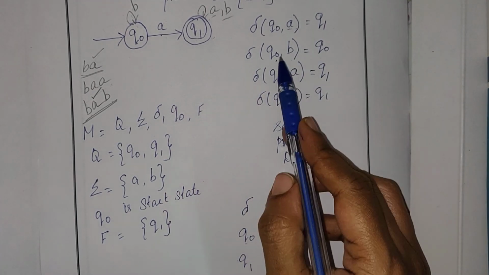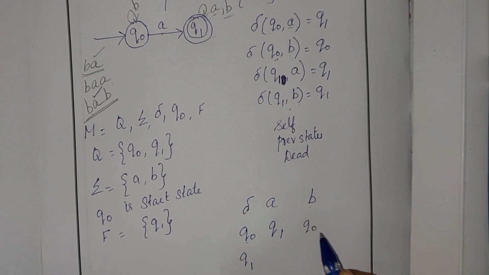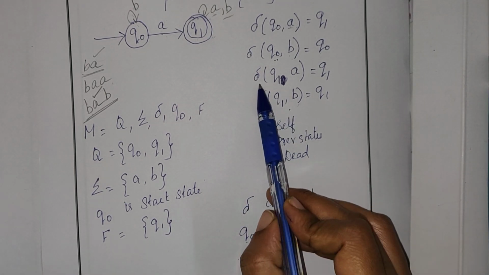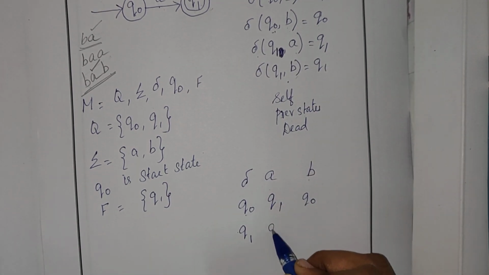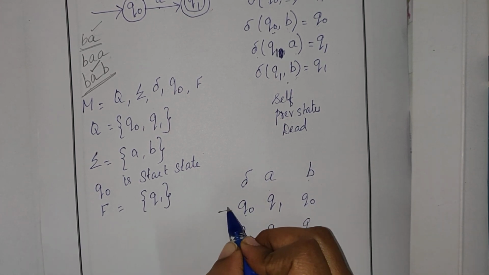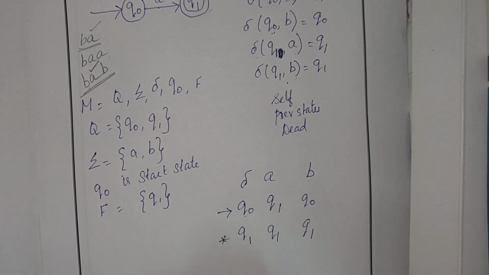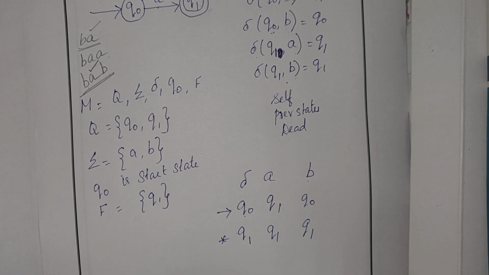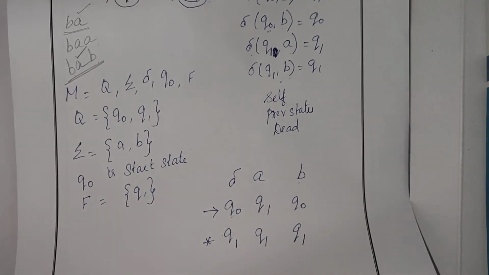Similarly, Q0 B goes to Q0. Next, Q1 A goes to Q1. Q1 B goes to Q1. Now mark the notation: start state and final state. This is the end of your answer. We'll discuss one more sum.